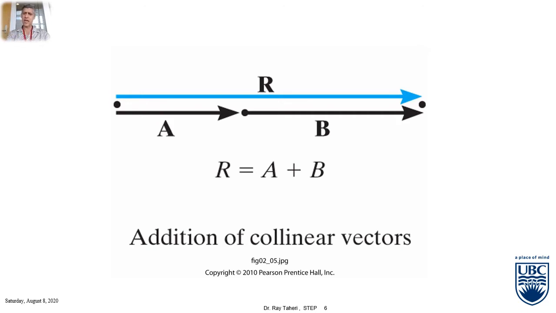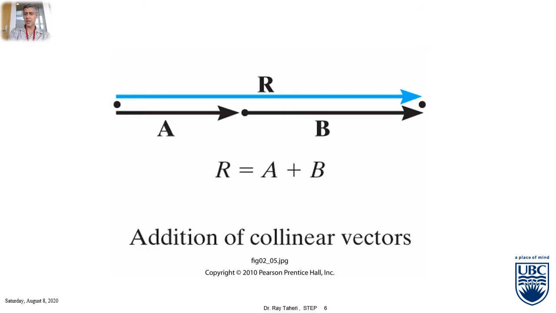So in this case, A plus B, because they are all along each other, so is R, and R has the same direction and alignment of A and B. If you want to do A minus B, it's the same thing too.